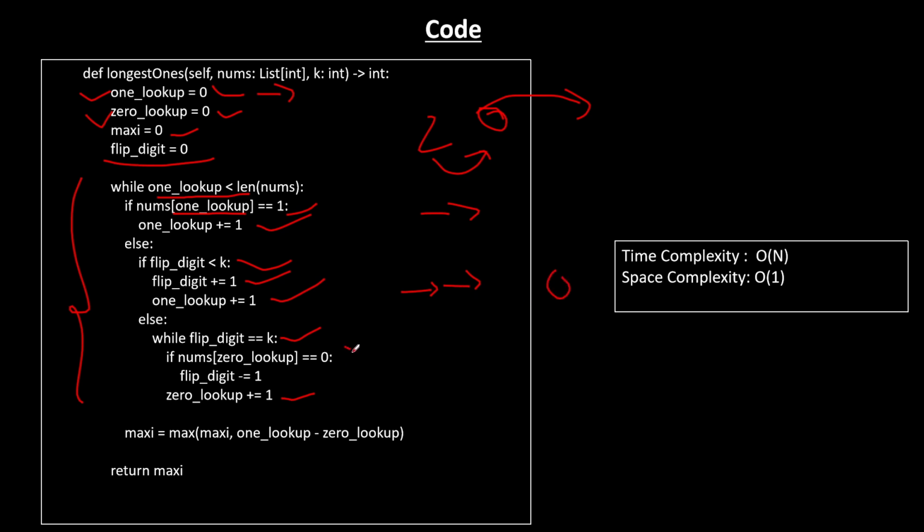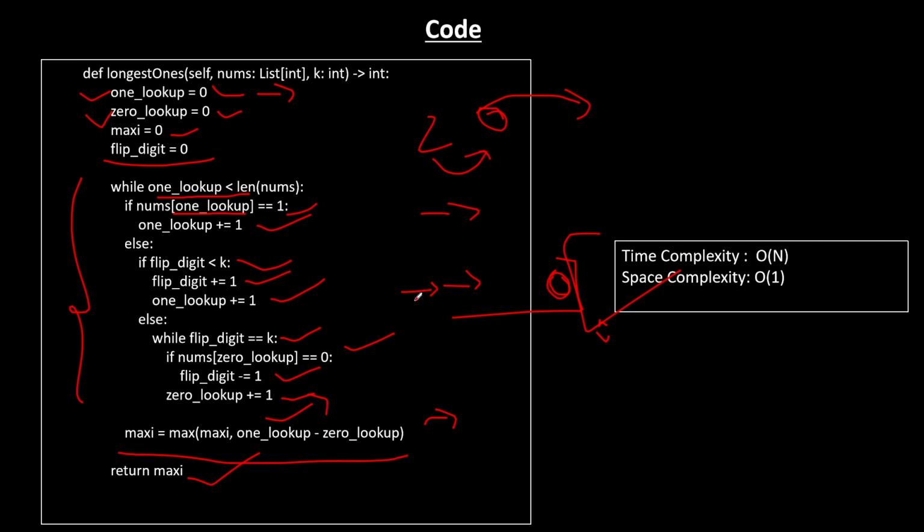As soon as we find a 0, we will decrement the flip digit because we have removed that 0 from our window. Fine, we don't need it anymore. Now the new window starts from here or here. Okay, and the next part. Now, you can see that at every increment of i or one lookup, we are storing the maximum length we found till now, fine, and we return maxi at the end.